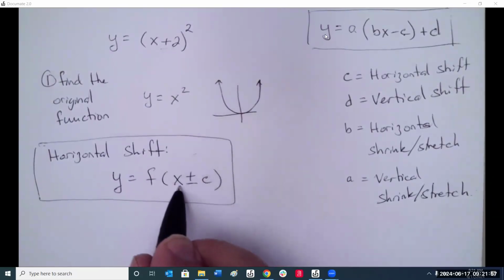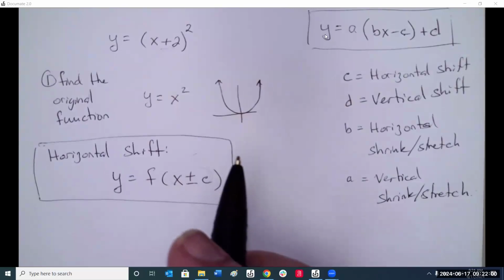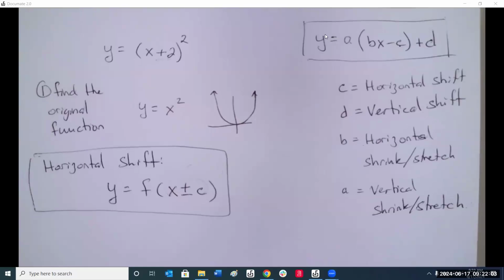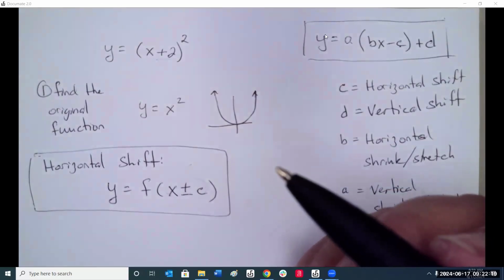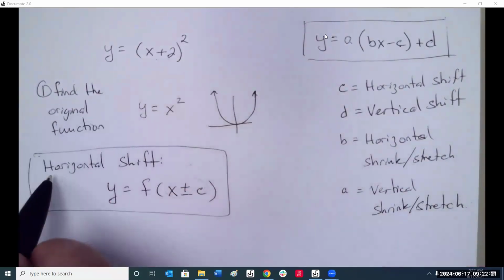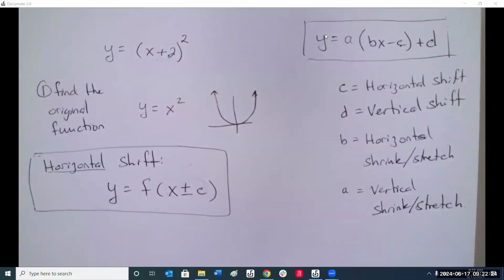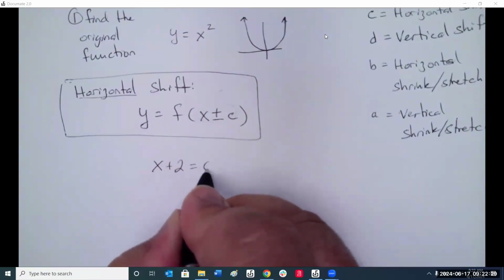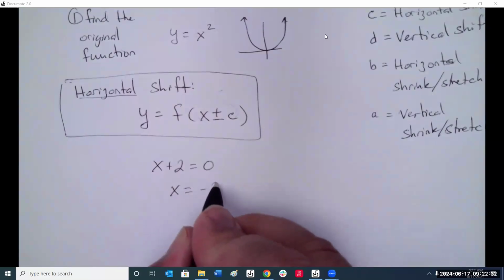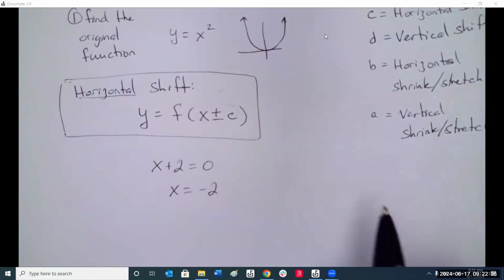So whatever happens inside there is your horizontal shift. So which direction and how many spaces does it move? Nope. 2 is right, but not down. It's horizontal. How can it be down? To the left 2. Because if you took what's inside there and set it equal to 0, then your new origin is x equals -2.